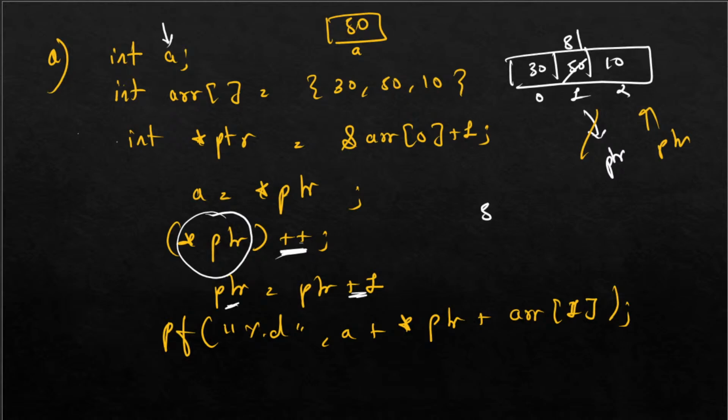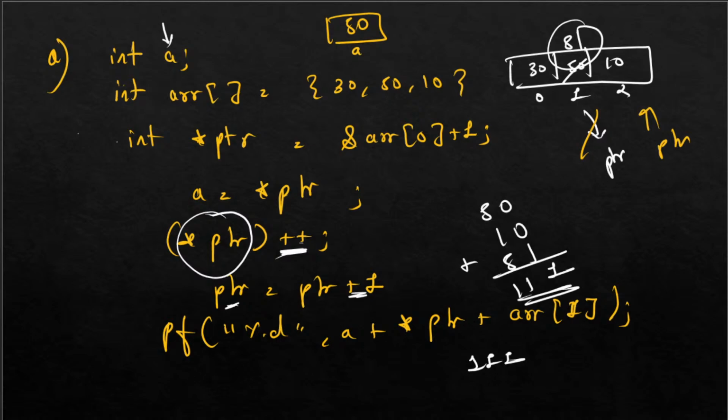So a is 50, PTR is 10, and ARR of 1 is 51. So this is 1. So what will be the answer? So it is 111. Okay. So 111 is the answer. Understood everyone?